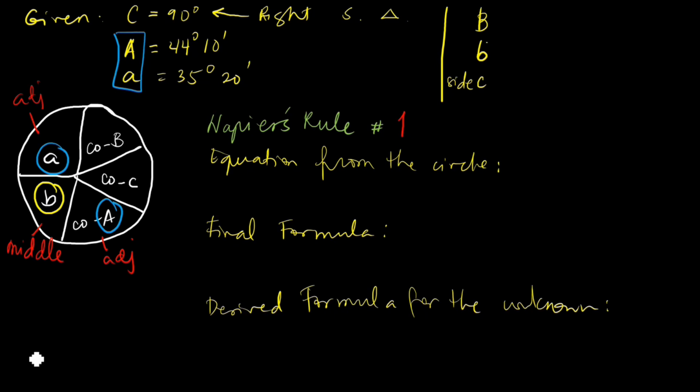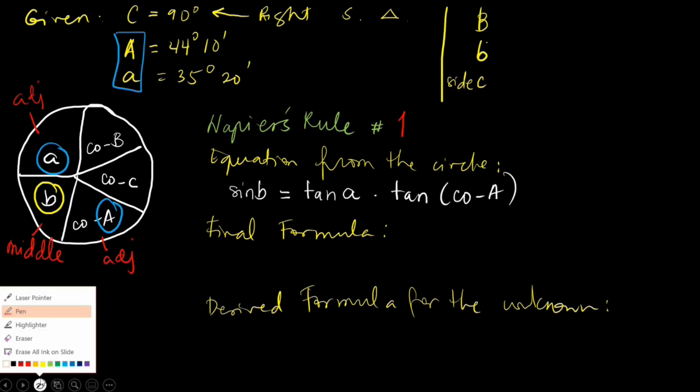Then let us write the equation from the circle. Sine of the middle part, side B, equals the product of the tangent of the adjacent parts. That is our Napier's rule number 1. So tangent of side A times tangent of the complement of angle A. This is our equation from the circle.